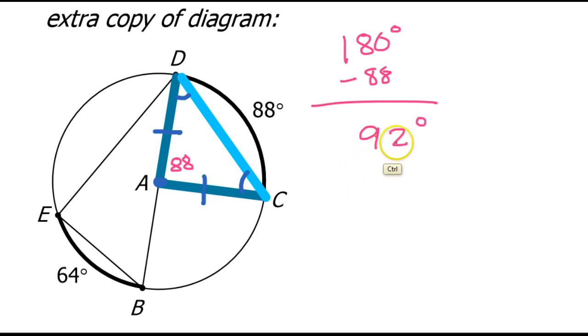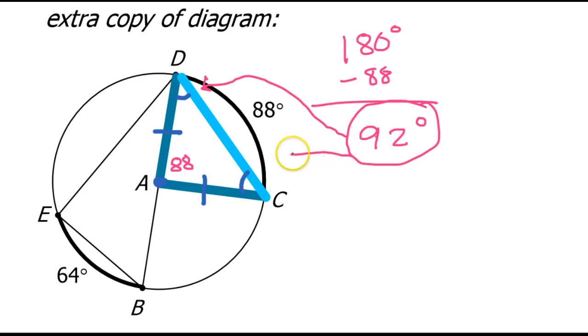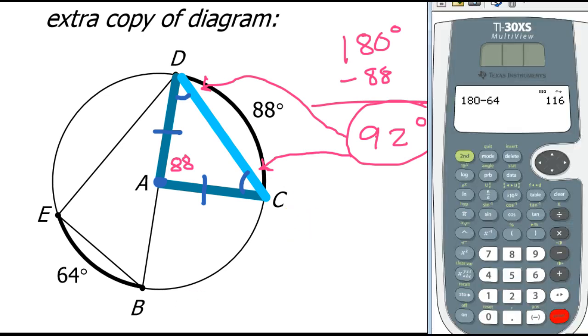So that means I have 92 degrees left over to be shared between this angle right here and this angle right here. Now, it's got to be shared equally because they are congruent. So therefore, what am I going to do? Of course, I'm going to divide by 2. That's how you share equally, you divide. So that's why I'm going to be doing 92 divided by 2.